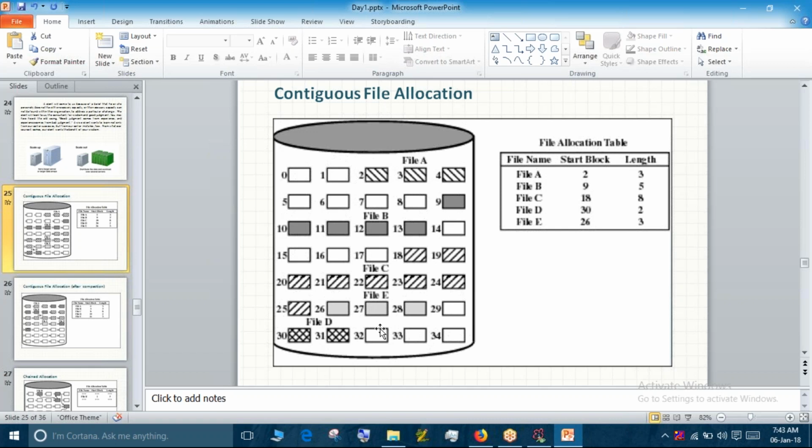As a part of that process, you see some blocks left in between, not been used. Those blocks will become useless to me. The storage usage becomes inefficient with this model.